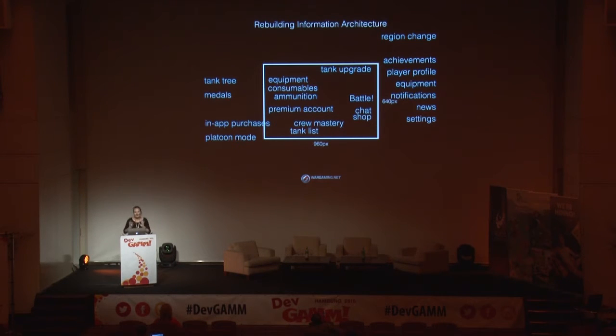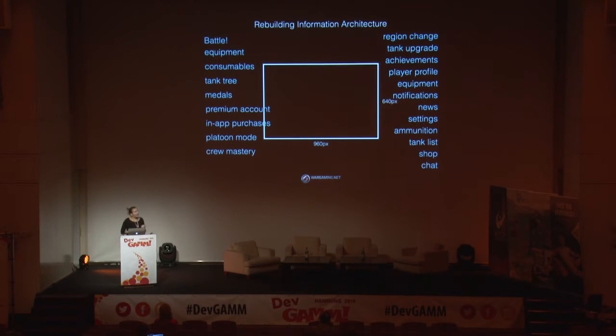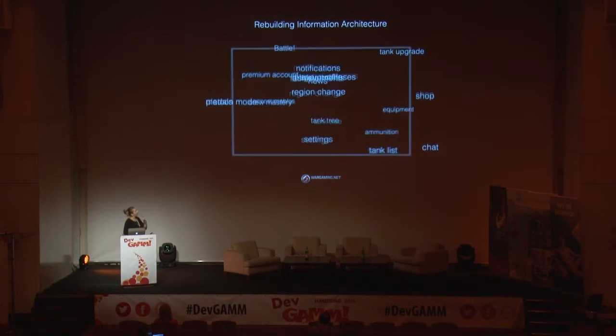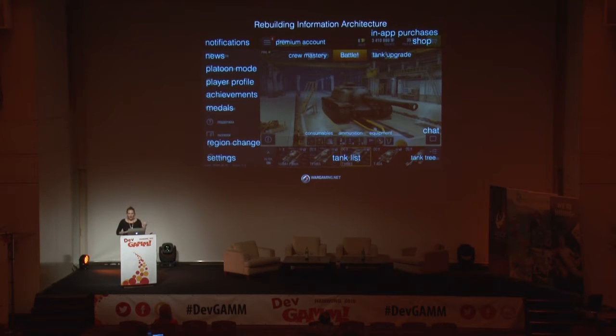All this stuff is less relevant for the person who came into your game to play a tank game. In-app purchases, he doesn't want to see that on the very first screen, because then you're pushing your monetization and then he will leave. So it turned out to be a really good decision, and this is how it's reflected in our current interface.